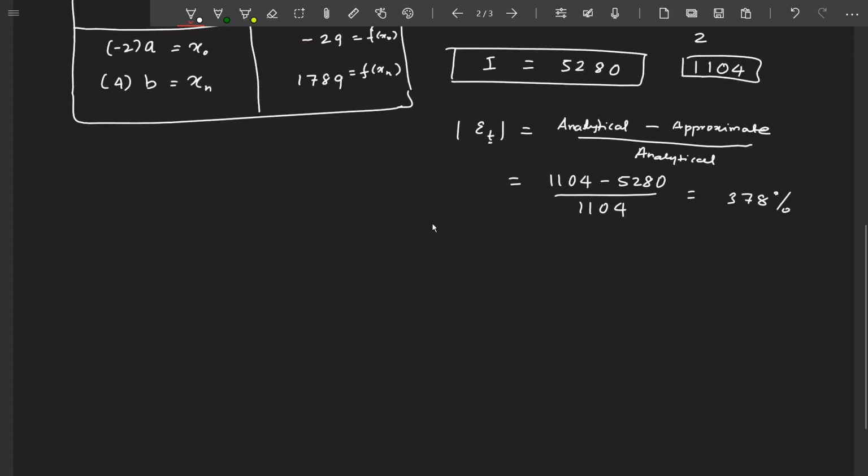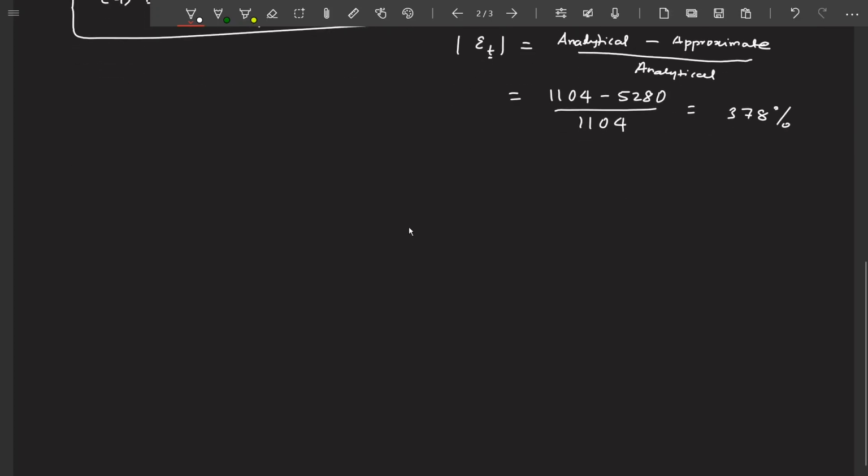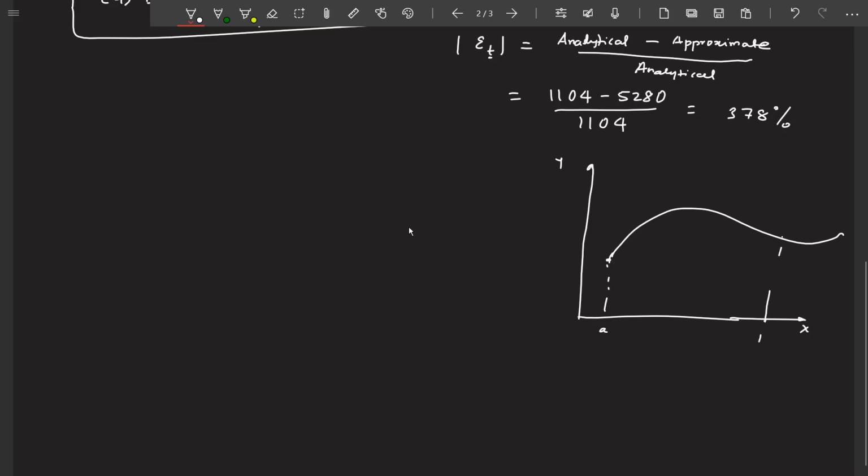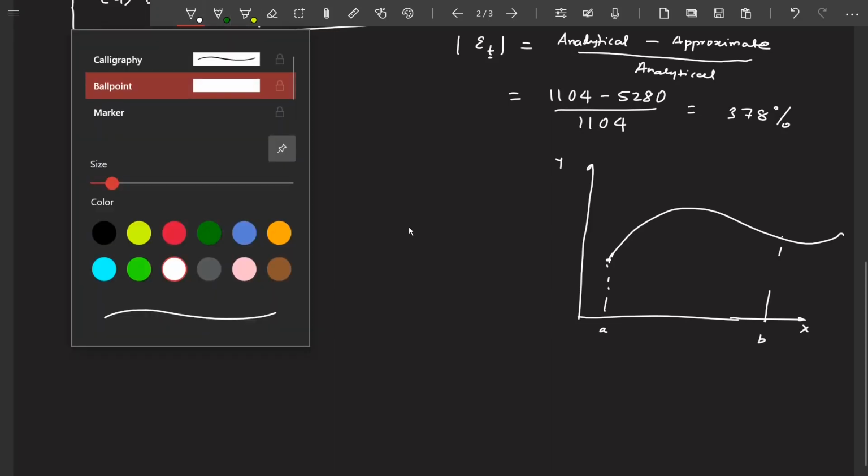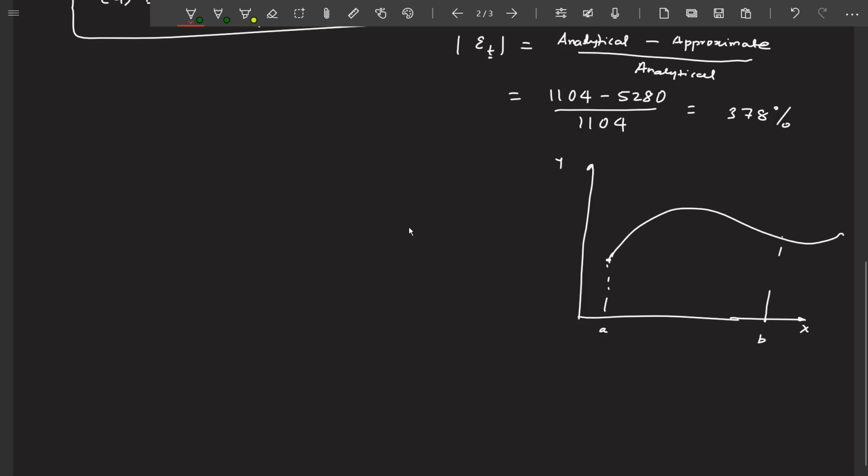Graphically, this is my function and I'm trying to approximate it by a single segment. Don't you think the error is obviously going to be huge?